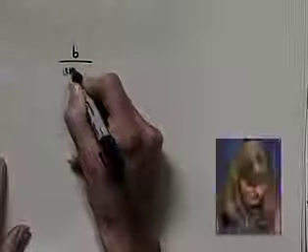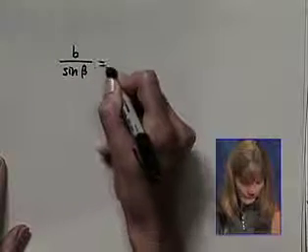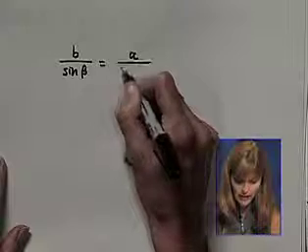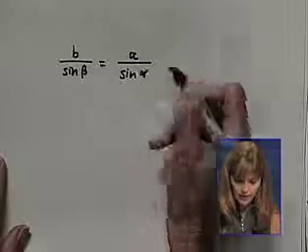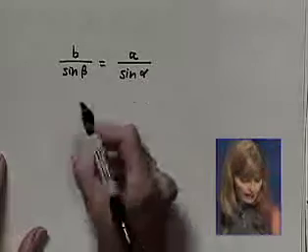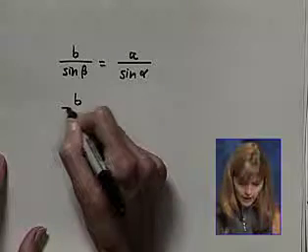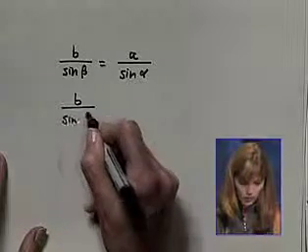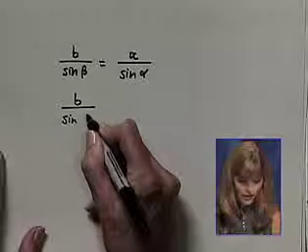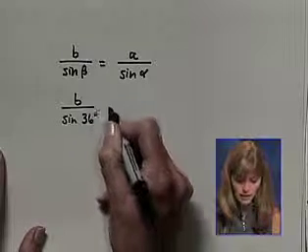We're going to write down B divided by the sine of beta is going to equal A divided by the sine of alpha. Here, let's go ahead and substitute in known values. B is what we're trying to find. The angle opposite B is 36 degrees.